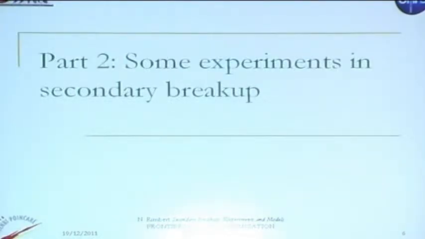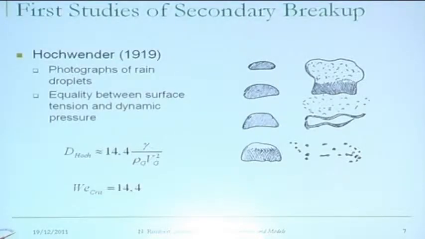Now let us recall some very famous experiments in atomization and secondary breakup. As far as I have been able to find, the oldest study was by Hochschwender in Germany in 1919. He studied drops.